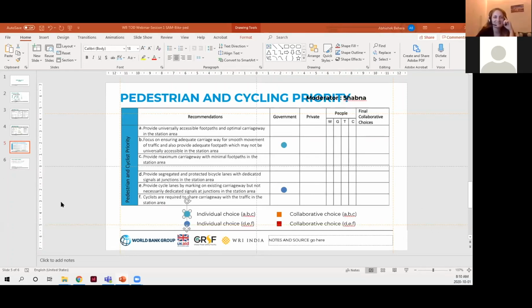Hi, Himanshi. Being a woman on a wheelchair, for me it will be important to have universally accessible footpaths and an optimal carriageway. That is option A. And seeing the cyclists' safety, I will go with option D, that is, provide segregated and protected bicycle lanes with dedicated signals.